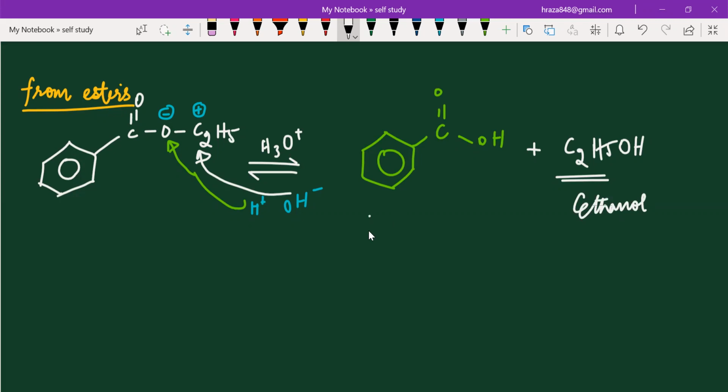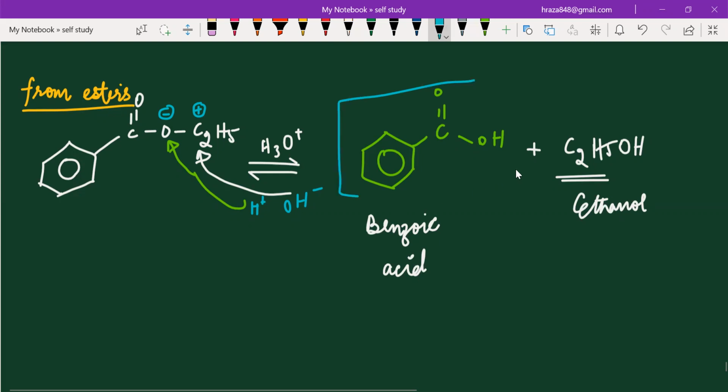And this is your benzoic acid. But we were preparing carboxylic acid, so this is an important reaction. Is that clear, everyone? This is your ethyl benzoate.